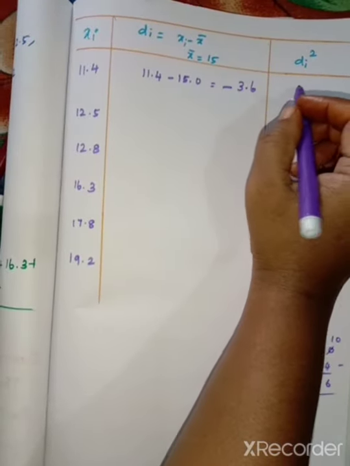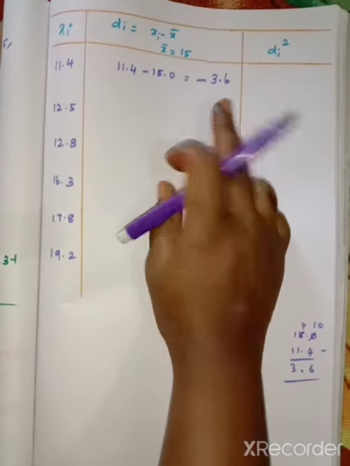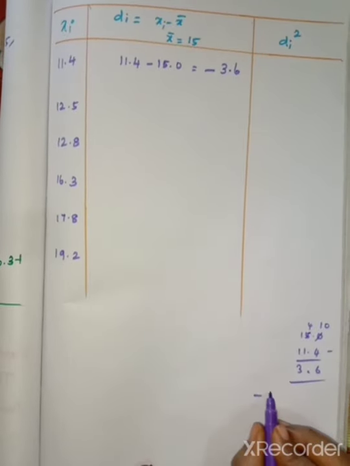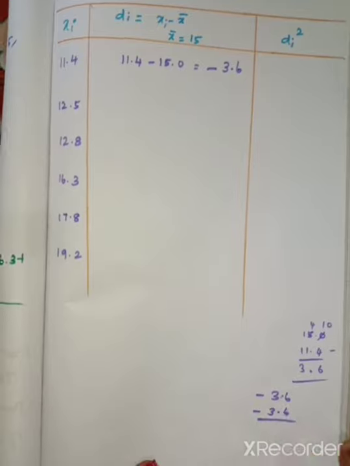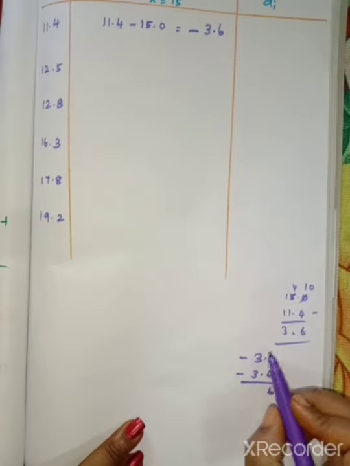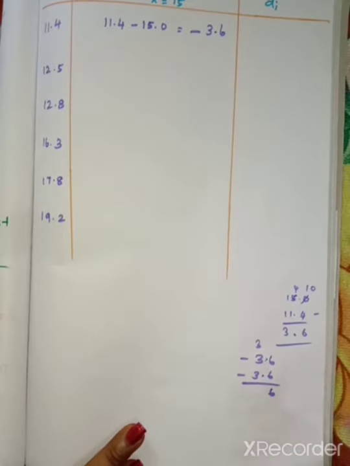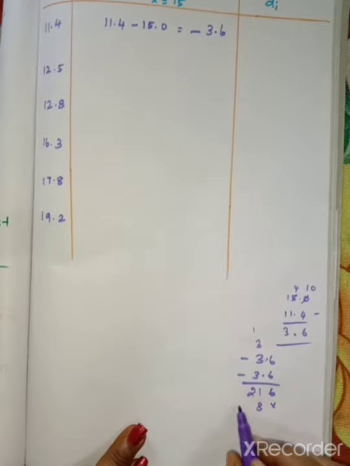Here, di squared means we want to multiply di by itself. We have minus 3.6 times minus 3.6. 6 6 are 36. Balance 3. 6 3 are 18. 18 plus 3, that is 21. Then 3 6 3 are 18, remaining 1. 3 3 are 9, 10.